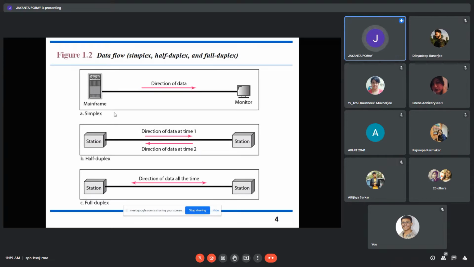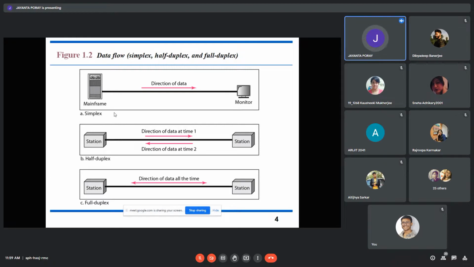The data flow is happening only unidirectionally. So if the client needs information, they are not allowed to use the same cable. They have different cabling: from client to server one cable, and from server to client a different cable. So that was the infrastructure in the 1960s. That was an example of simplex data communications.